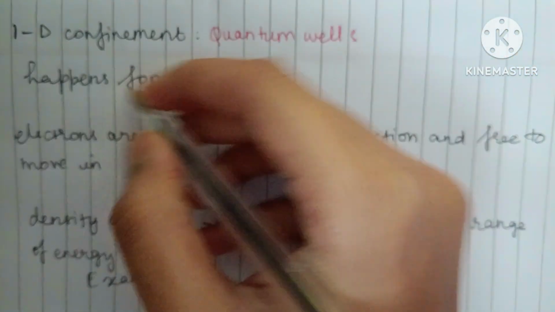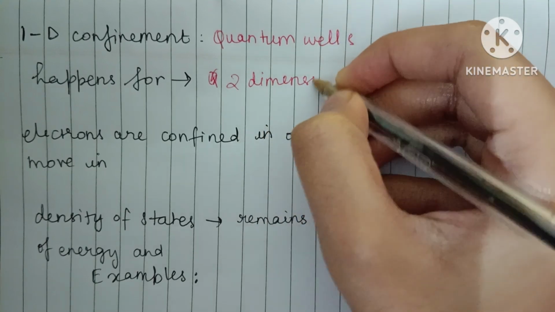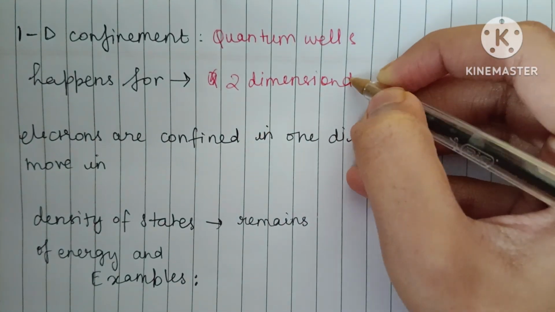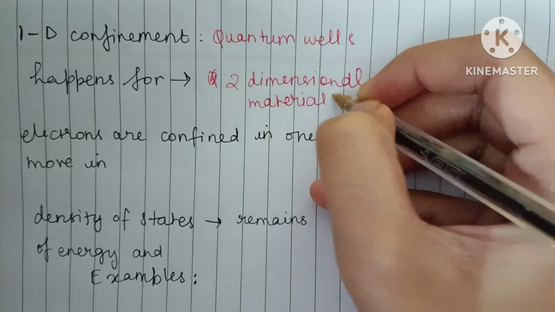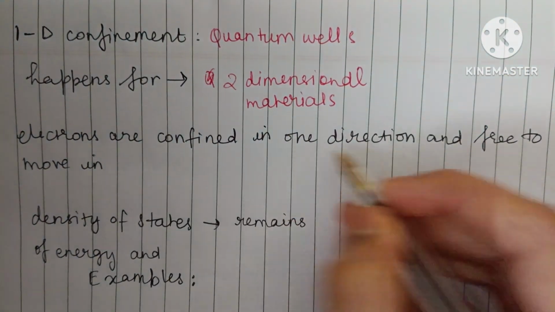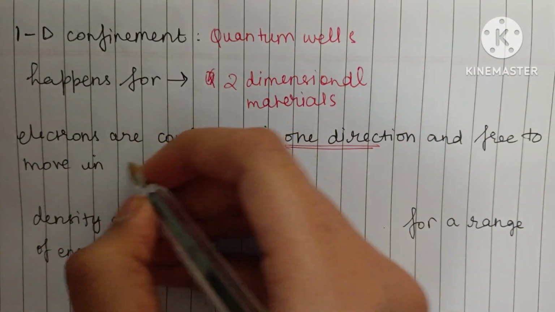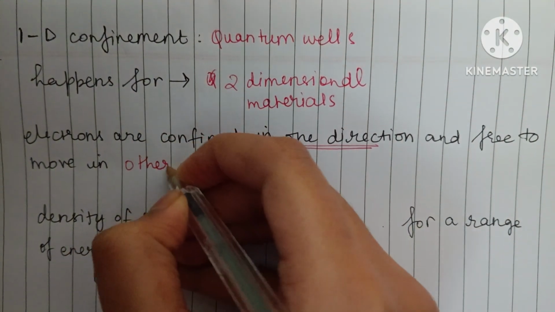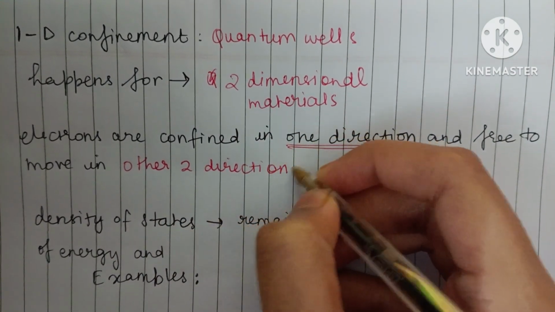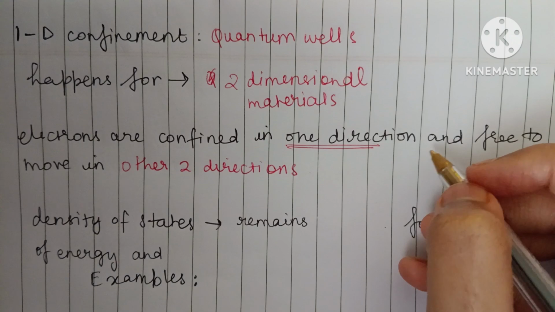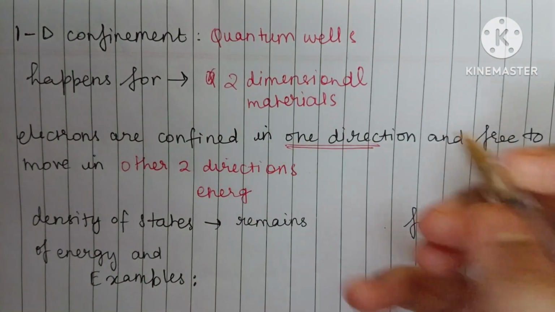And 1D confinement happens for two-dimensional materials. The electrons are confined in one direction and they are free to move in the other two directions. And due to the confinement in one direction, the energy shows the quantization effect.